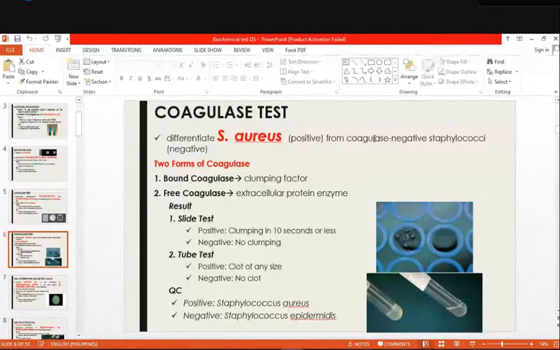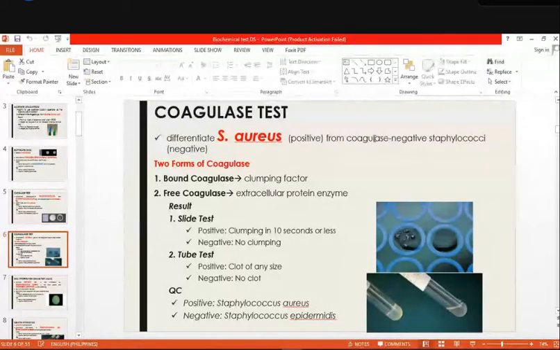We need to check it after 4 hours. Why? If there is no clot formation after 4 hours, you can proceed to incubate it overnight or 6 hours. Some books say 4 to 6, some say overnight.